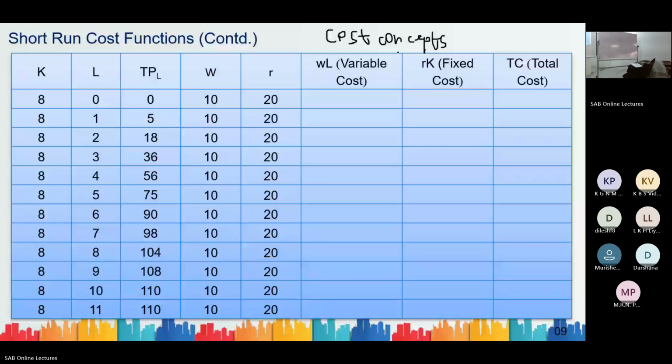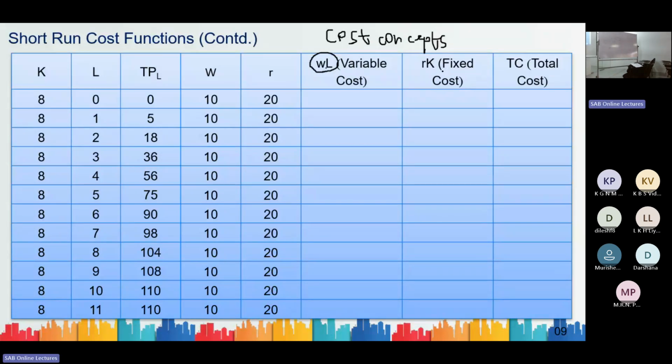First we will calculate the variable cost. Variable cost is the cost for labor. Cost for labor we calculate by multiplying labor amount by the wage rate.